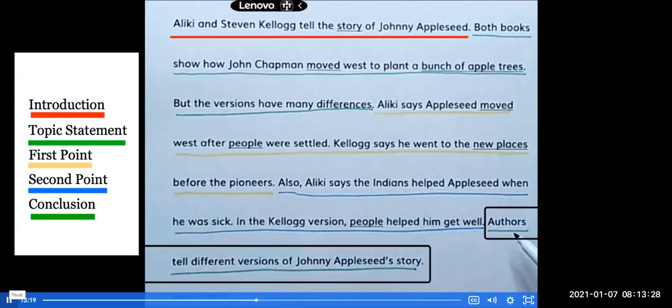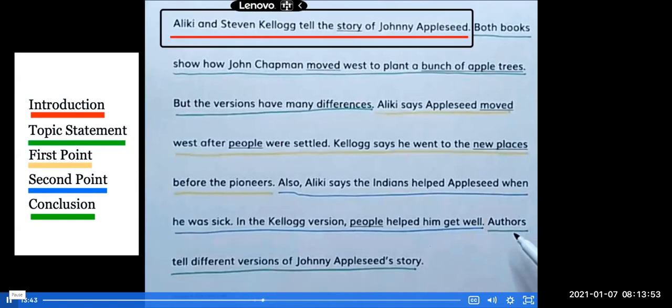Authors tell different versions of Johnny Appleseed's story. Did the conclusion match the topic statement? Shout it out to me or tell your learning partner. The conclusion reminds the reader what the topic statement was and what this paragraph is about.